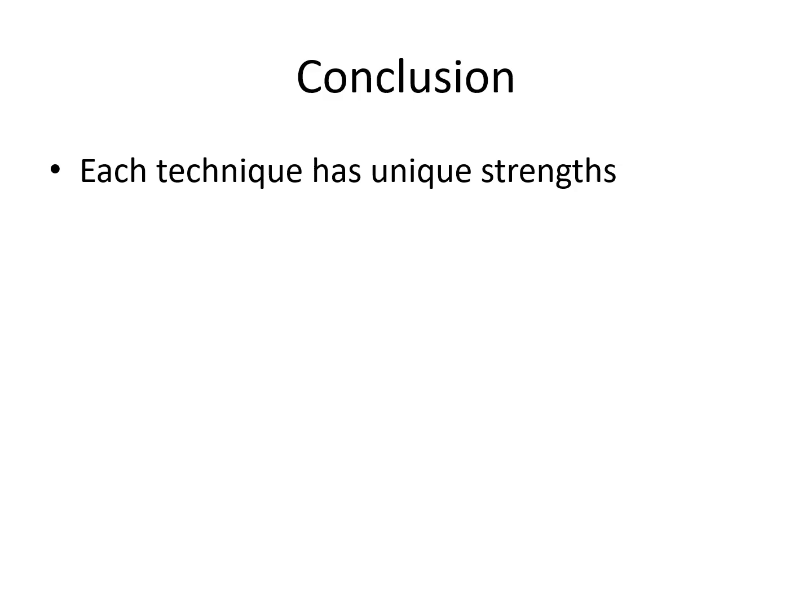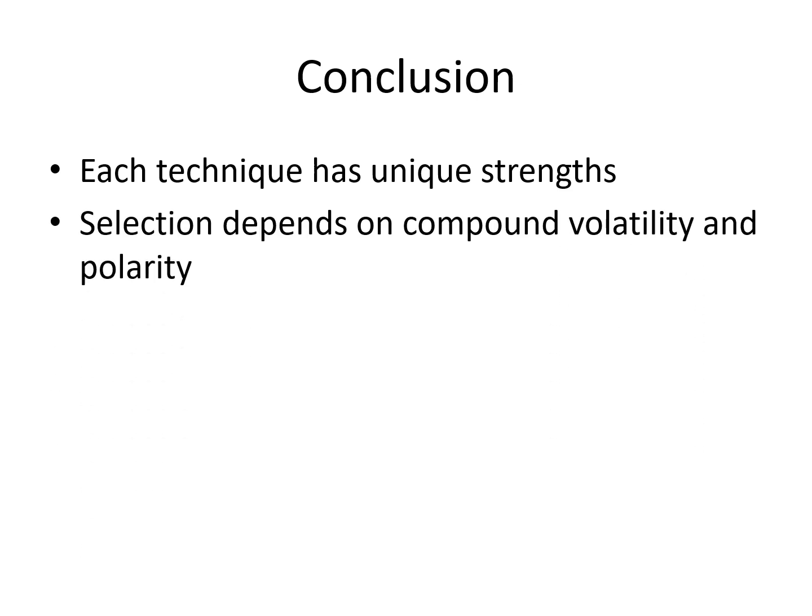GCMS is used to identify an unknown compound present in a sample. So selection of each method depends on the compound volatility. Non-volatile compounds are separated using thin layer chromatography or HPLC, while volatile compounds can be separated and identified using gas chromatography.